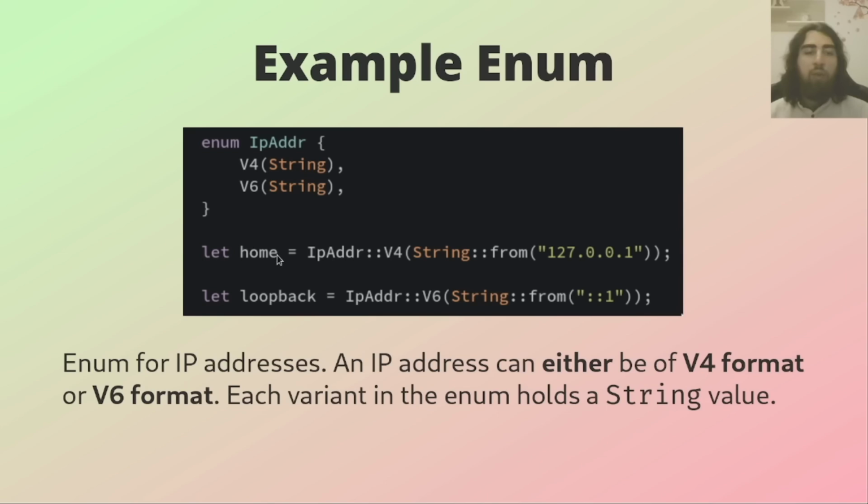So this home variable will then hold an instance of the IP address enum. And this loopback variable over here will also hold an instance of IP address, but using the variant v6. And by the way, this is the old format of IP addresses and this is the new one.